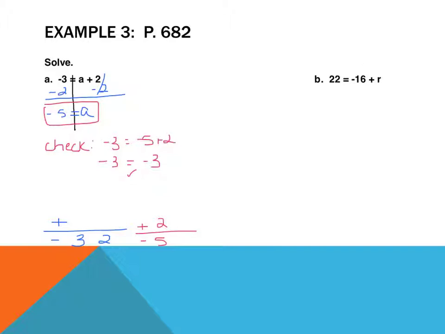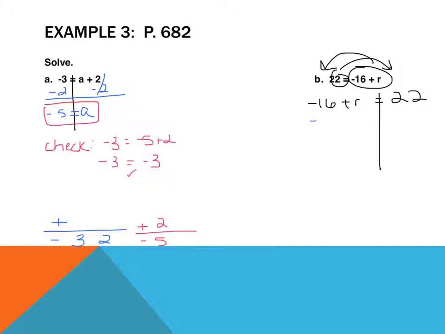So basically we're going to take the -16 plus r and put that first, and the 22 and put it on the other side. So now I have -16 plus r equals 22. Same problem, just written the opposite way. Okay, so I have -16 plus r, so I need to cancel my 16.